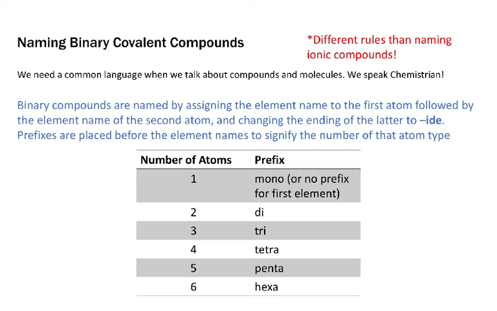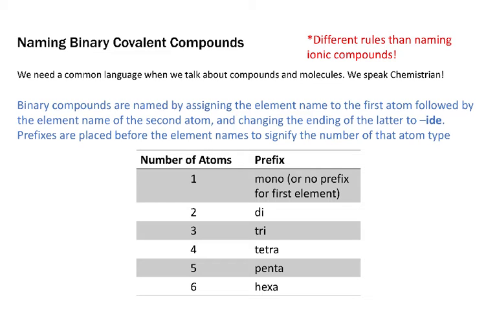Ions take specific charges and they form in proportions that leave neutral. Well, covalent compounds are always neutral as well, but there's a variety of combinations. Like even nitrogen and oxygen can form in multiple ways.